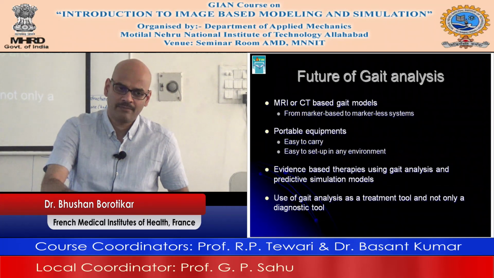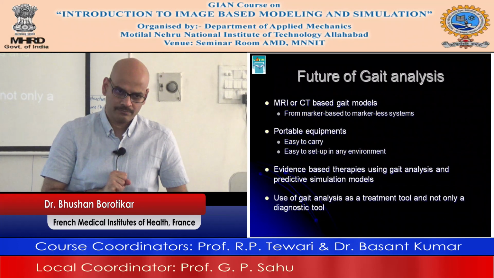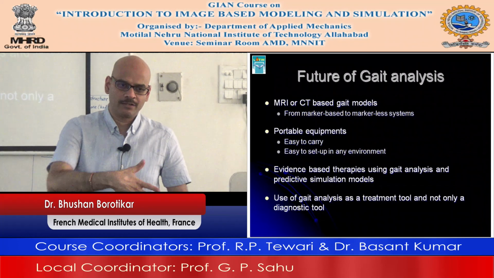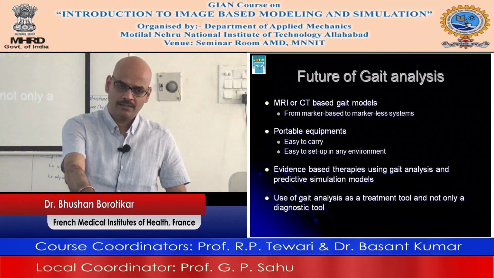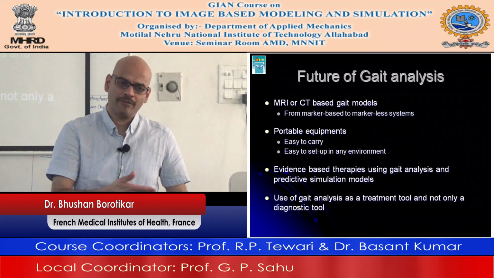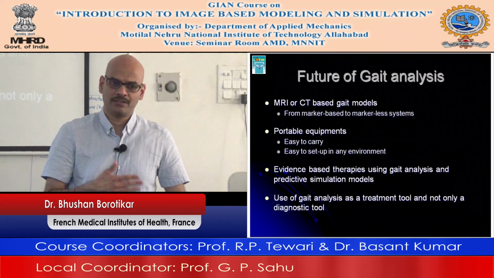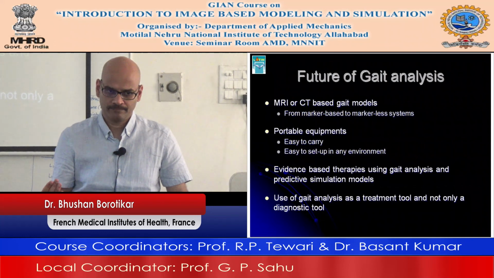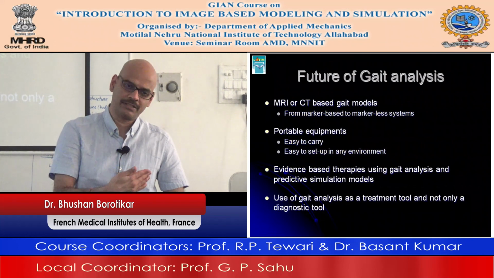Here you have about 16 markers. So you increase the resolution of what you are looking at in the marker based systems, you would have better results, but that's not always feasible. You also have to see the feasibility.